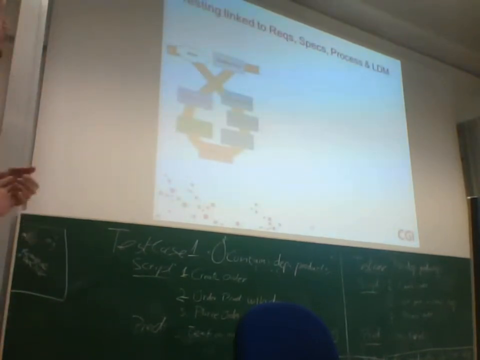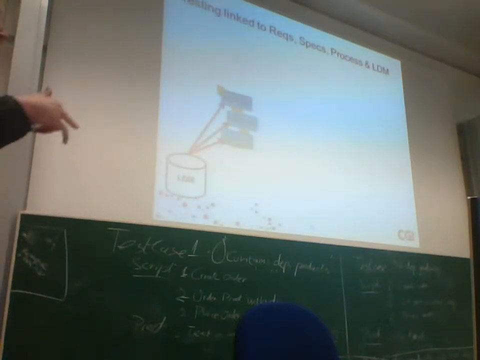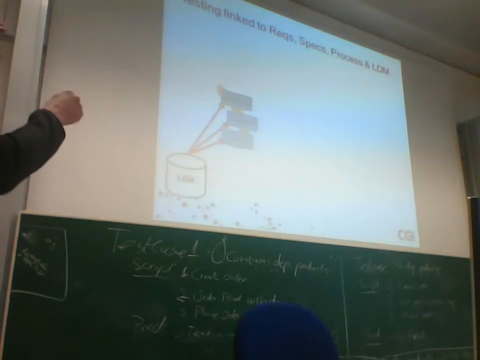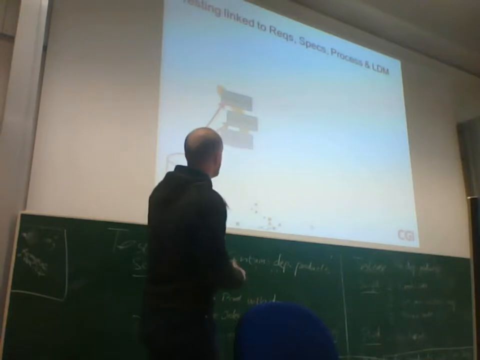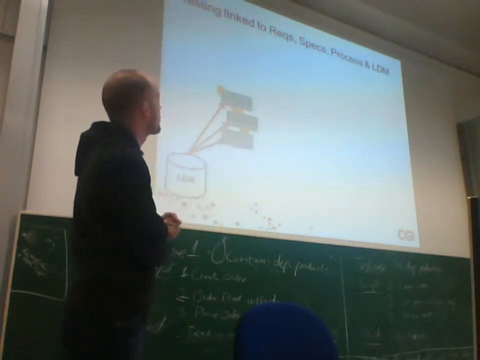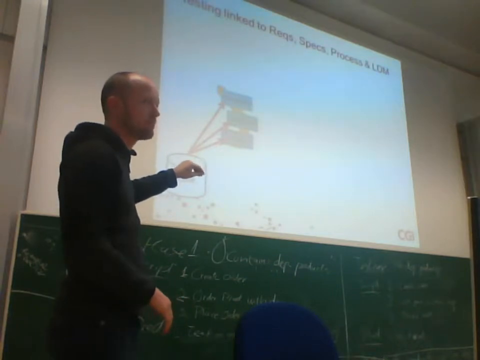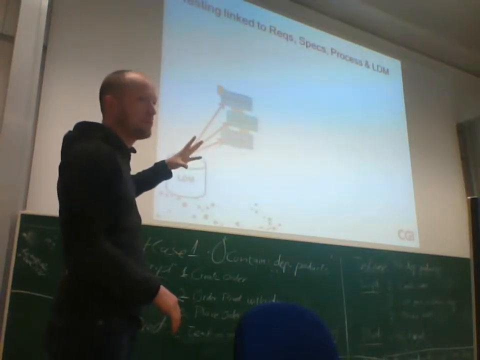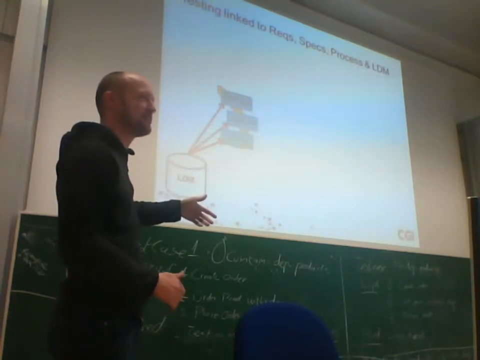All right, so of course you needed to remember what Bill just said. But now we're focusing on testing it and linking it to requirement specification, process, and logical data model. Now, this was something from the first lecture, right? So perhaps this would be harder to answer for those that did not attend the first lecture.